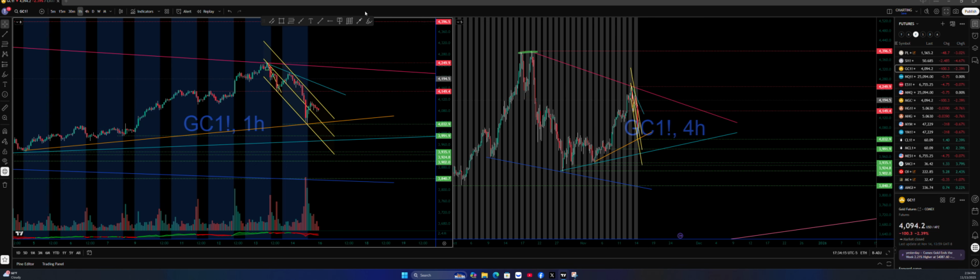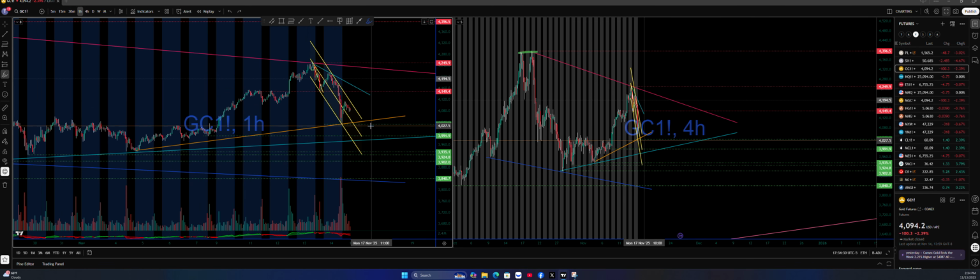If this breaks out, like if we do this and kind of flag here and then break out of this trend line, this yellow line here, I'm willing to take this to the upside. So that's all that's on gold that I'm watching right now.